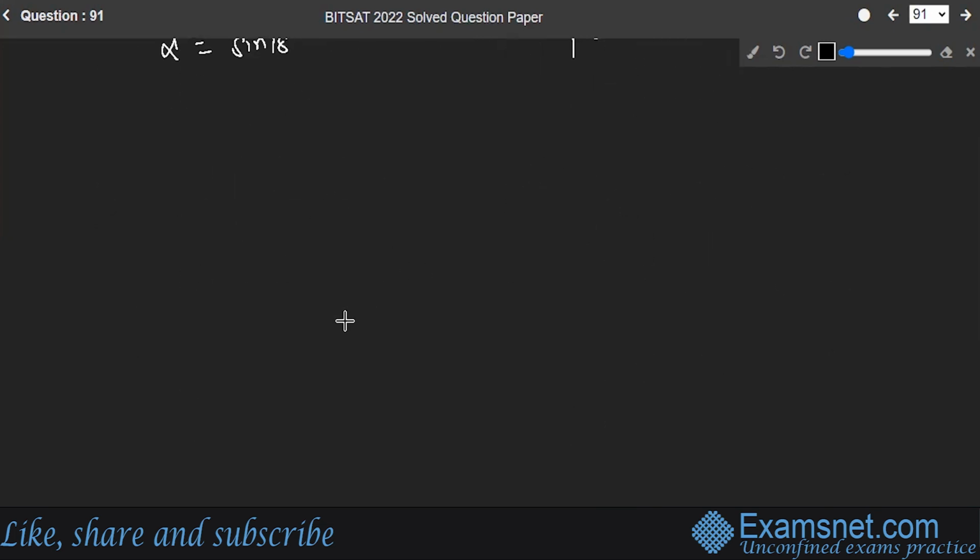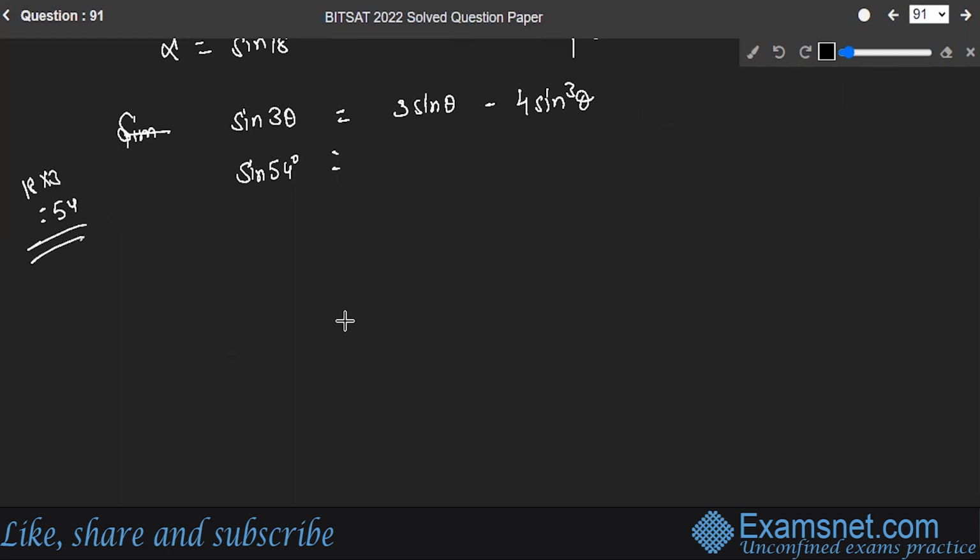Now I'll go with the formula sine 3 theta is 3 sine theta minus 4 sine cube theta. So sine 54, which is 3 times 18, is equal to 3 sine 18 degree minus 4 sine 18 degree cube.